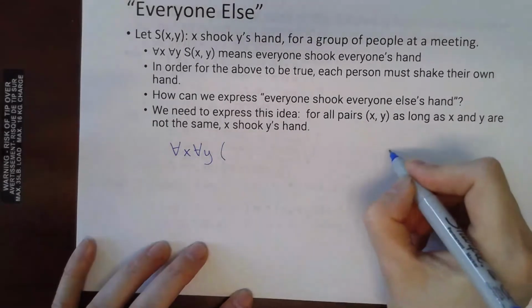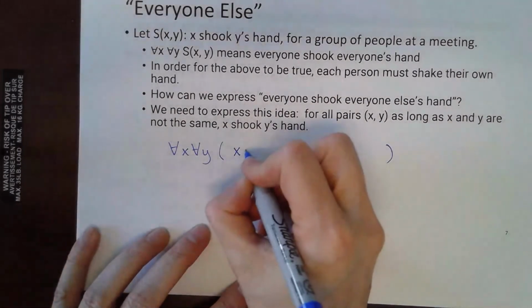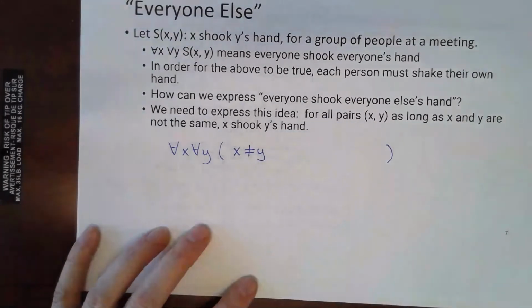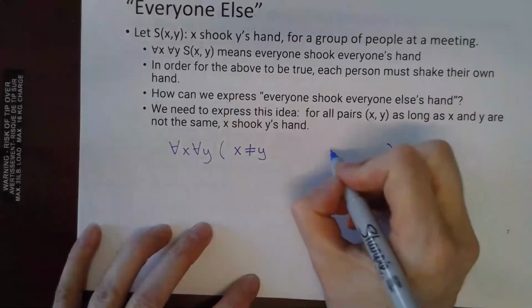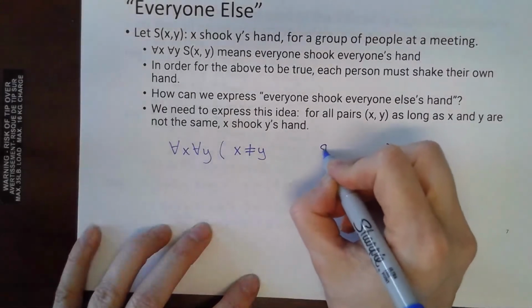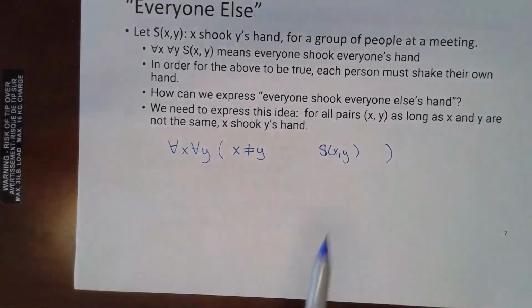Okay, so I'm going to put my parentheses here so I make sure that everything's bound by these quantifiers. So I want to say that x and y are not the same, so x is not equal to y, and x shook y's hand. That's an S(x,y). And then what should go in between here?